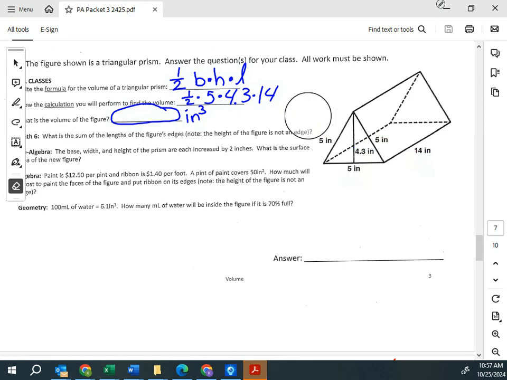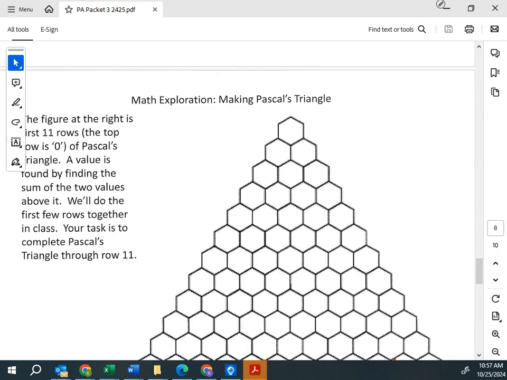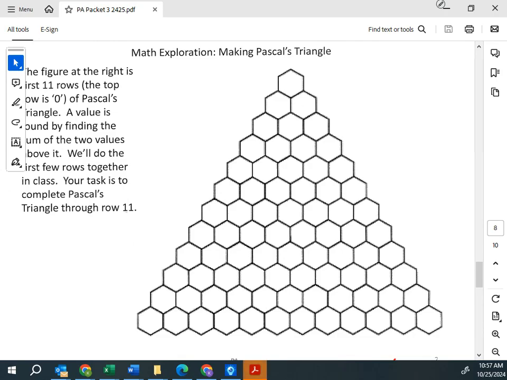Mr. Schultz loves Pascal's triangle. So we will be having different types of pages having to relate to Pascal's triangle. This page says the figure at the right is the first 11 rows, the top row is 0, of Pascal's triangle.